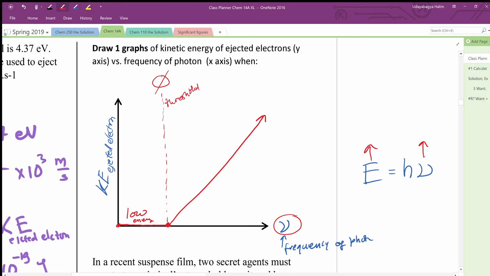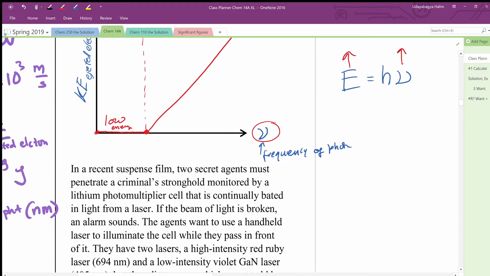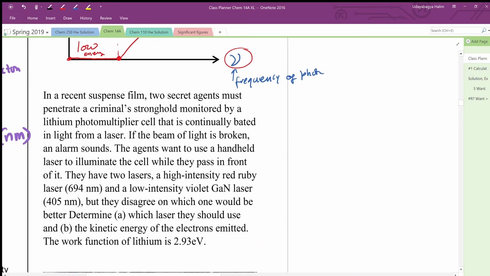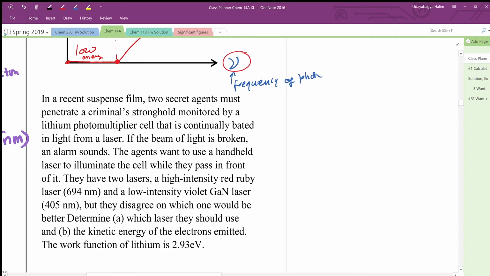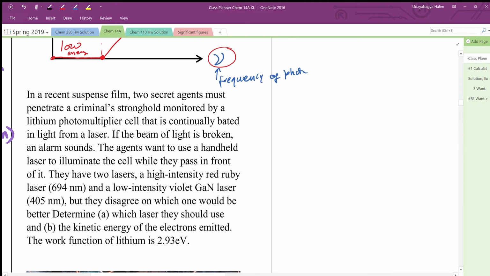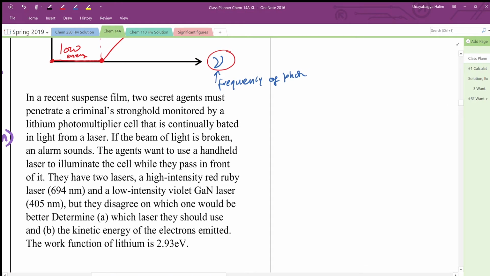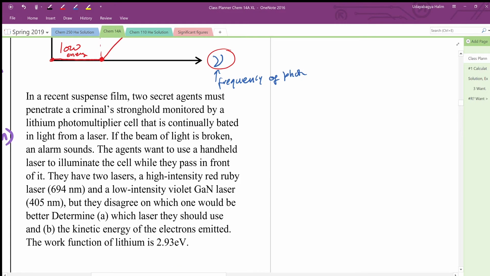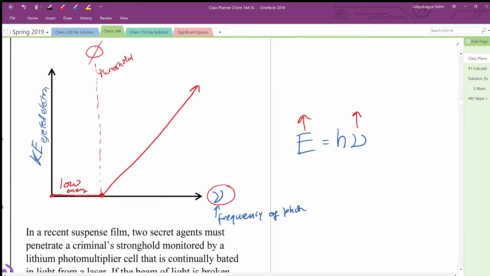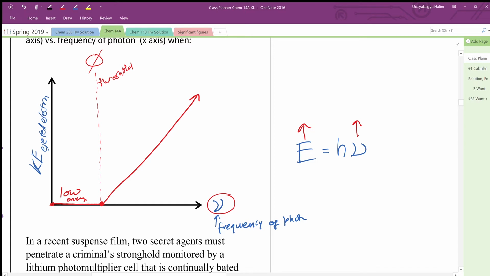Beyond the threshold, you should start to see your electron moving faster and faster. So this particular graph is the same as the one before. Energy equals Planck's constant times frequency.